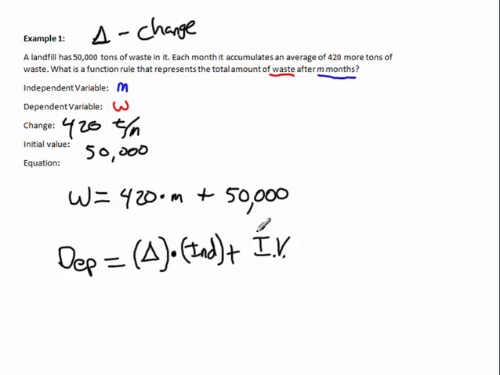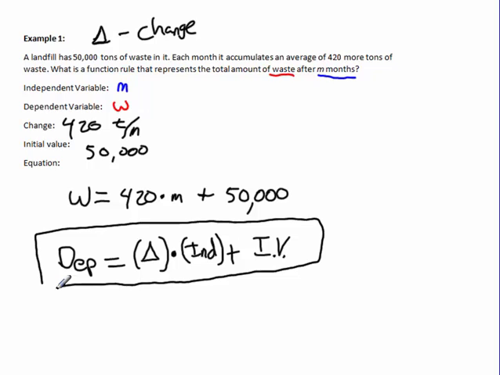And this would make sense, right? If our independent variable is 0, then our dependent variable has our initial value, because 0 times anything is 0, so 0 plus the initial value tells us what happens at the very beginning. So think about this as a way of writing function rules when it comes to linear functions.